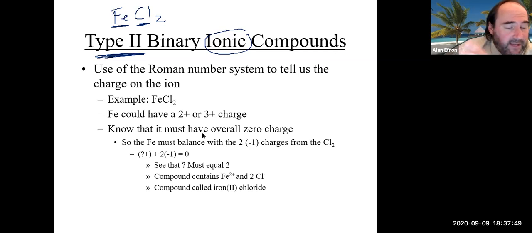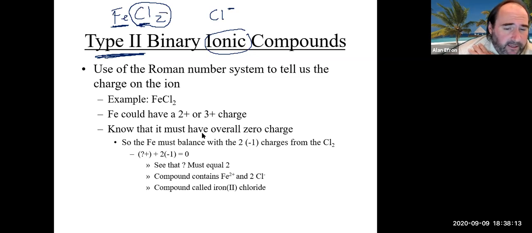So that automatically should tell you I need to figure out what the charge is on that metal, because it could be something different. The good news is whenever you have a type 2 guy, you will always know what the charge is on the nonmetal or whatever it's hooked up to. In this case, we have Cl, which is group number 7, which means it has a charge of -1.